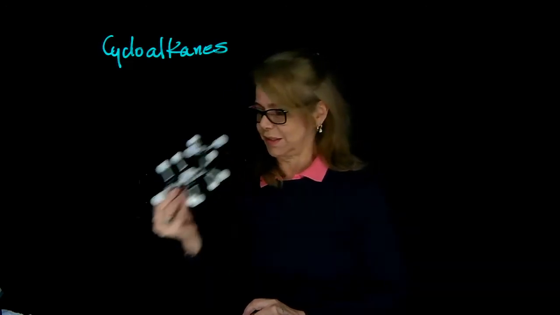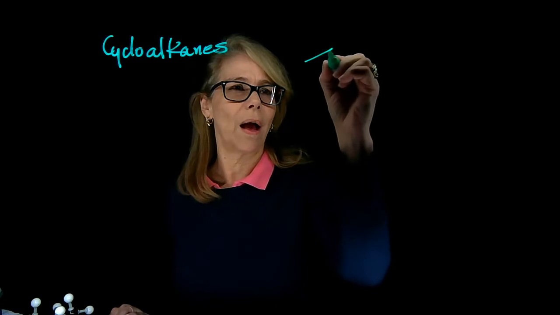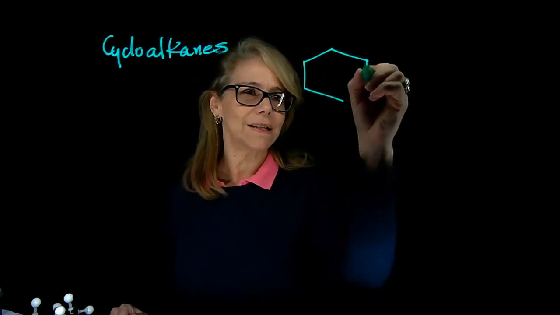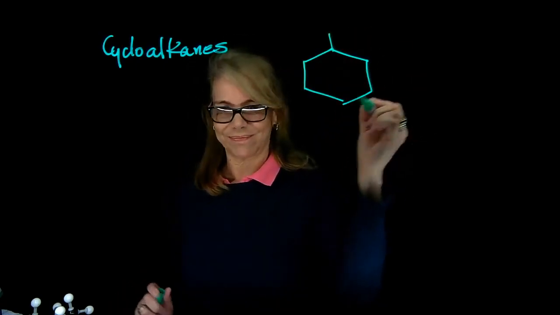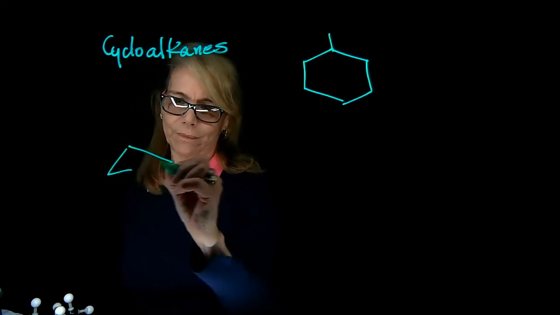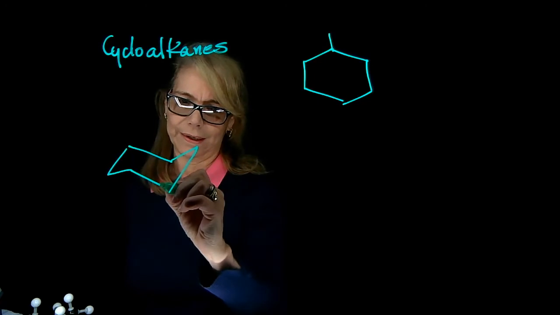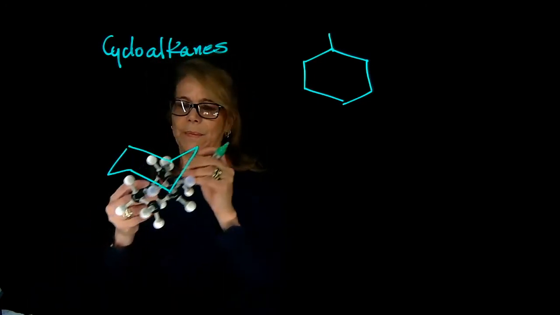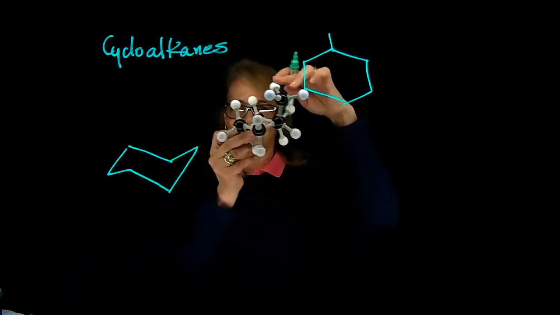So I'm going to draw this. Let's do that. So I said methylcyclohexane, right? And drawing my chair now, what I had in my hand, remember I had this methyl.